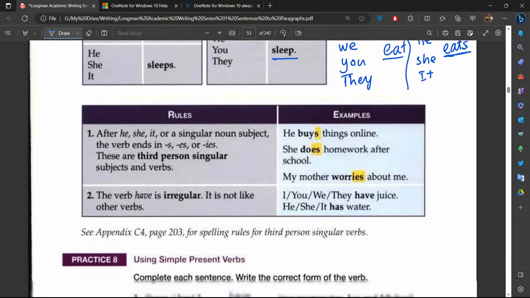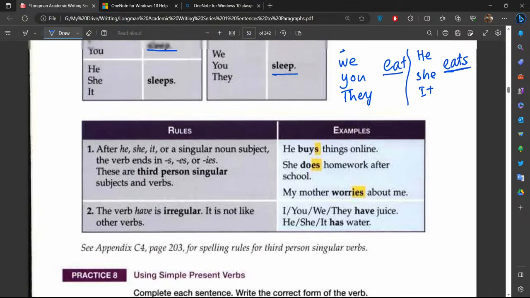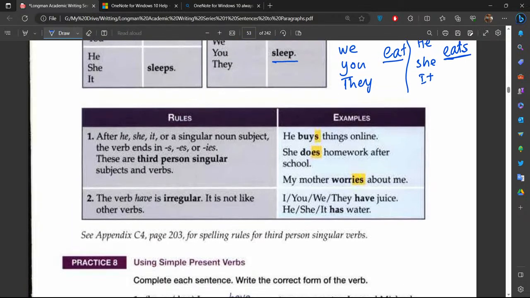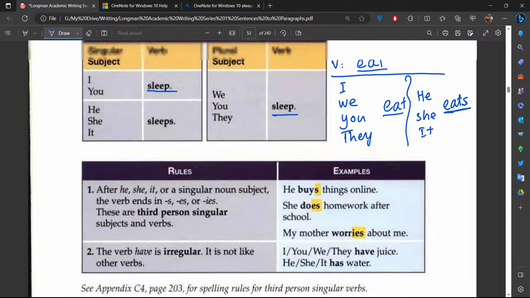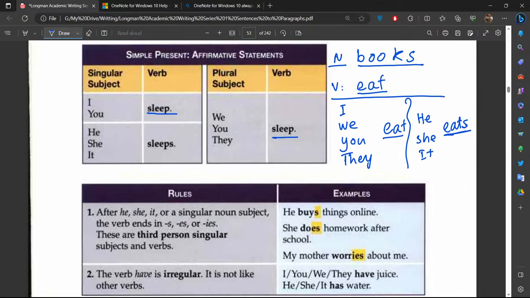Adding s has similar rules to the plural form of nouns, but the main difference is that for verbs it doesn't show that it is plural. It's just a form of the verb. It's the same verb, with the same meaning. This s at the end doesn't change the meaning.